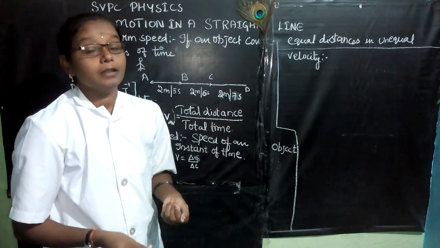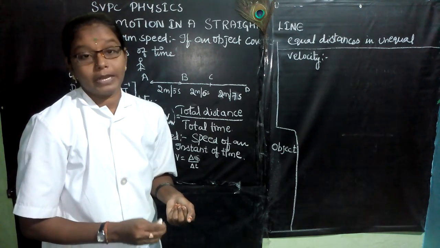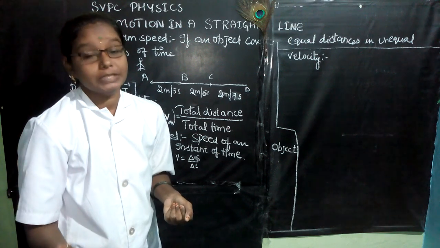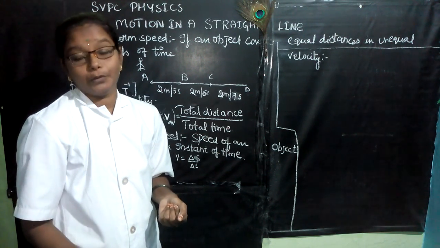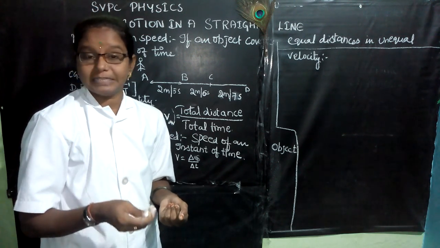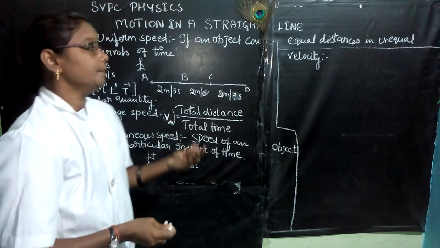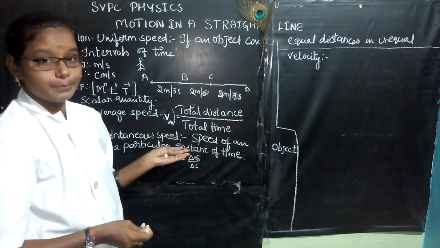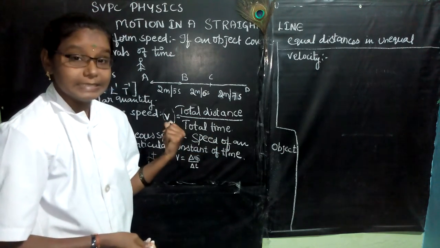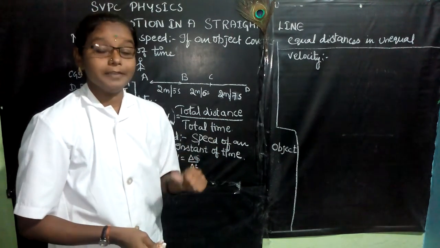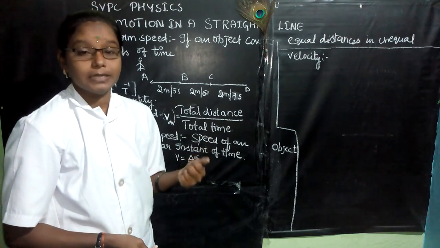Velocity is the ratio of displacement by time, or I can say the rate of change of displacement per unit time. If you want the ratio of displacement by time, that's called velocity. Here, distance by time is speed, which is a scalar quantity. Velocity is displacement by time, and it is a vector quantity because it has both magnitude and direction.